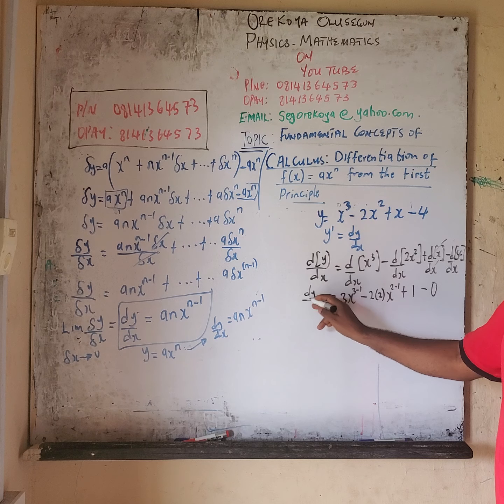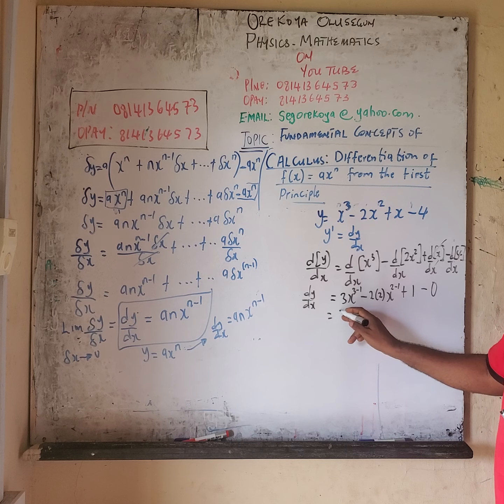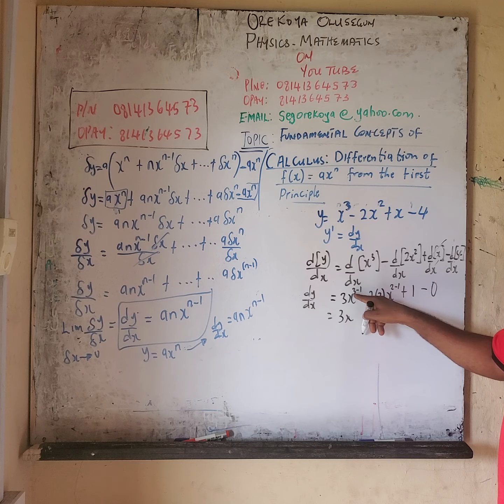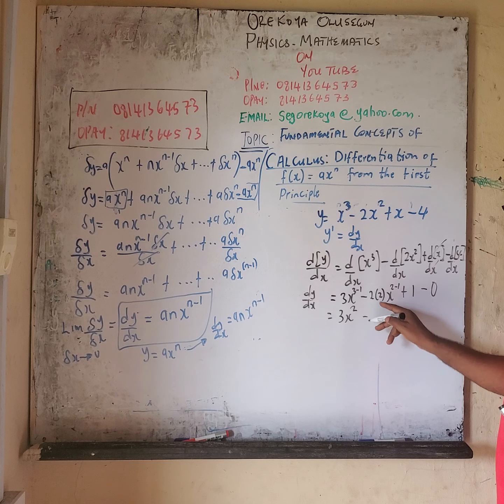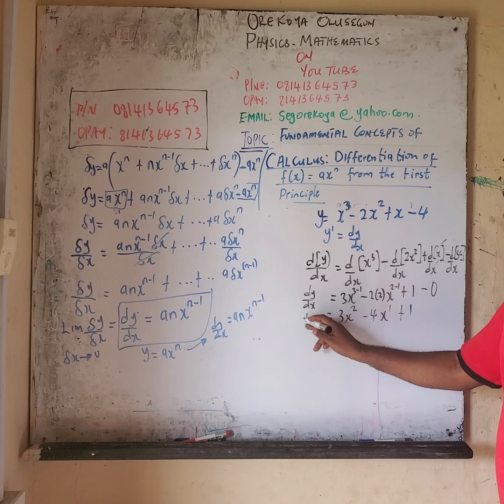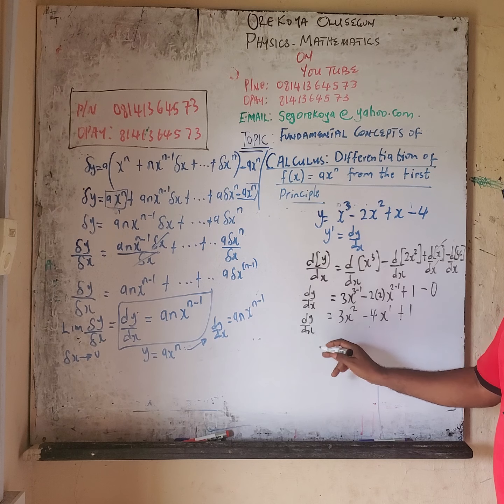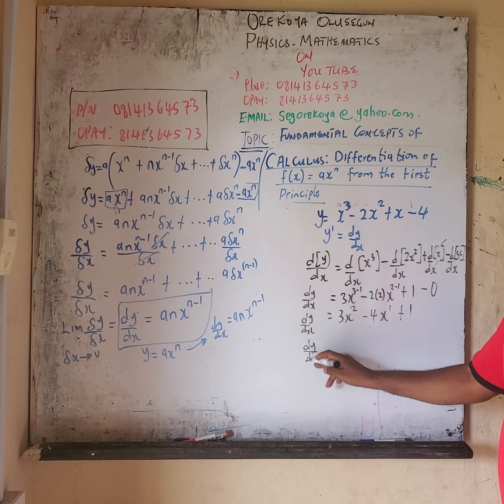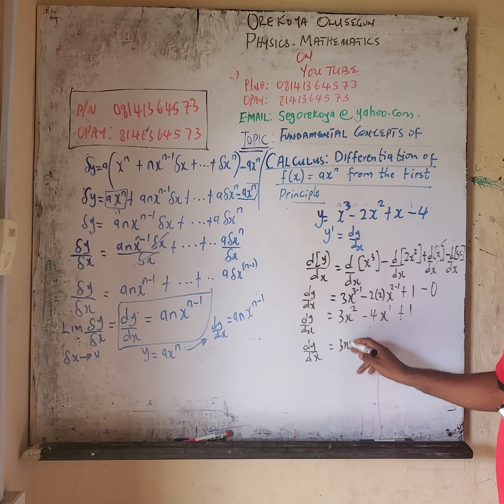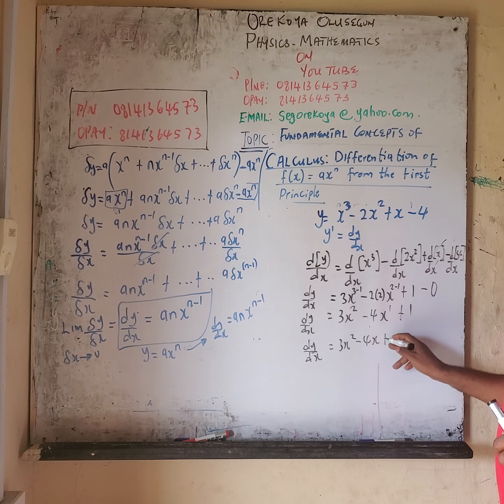So that means the dy dx is given as 3x, this power 3 minus 1 will give us 2, minus 2 times 2 we have 4x raised to the power 2 minus 1, that is 1, plus 1. So the dy dx can now finally be written as 3x squared minus 4x plus 1.